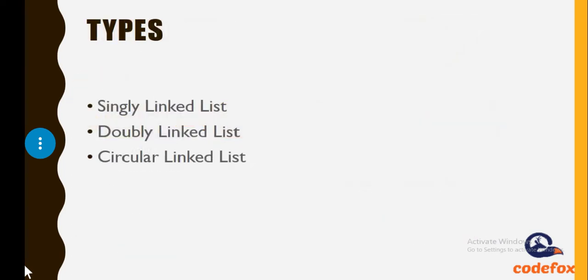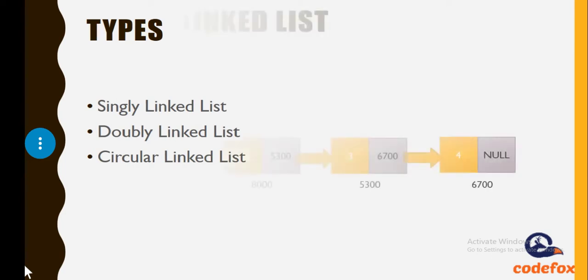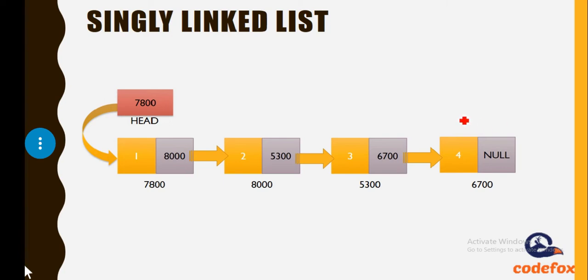Now let's see what are the types of linked list: singly linked list, doubly linked list and circular linked list. In singly linked list, we have one data part and one pointer part. We have discussed these things so far.